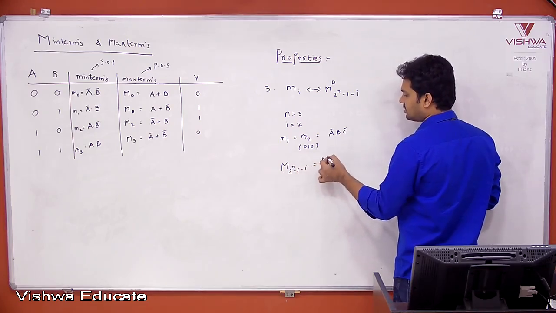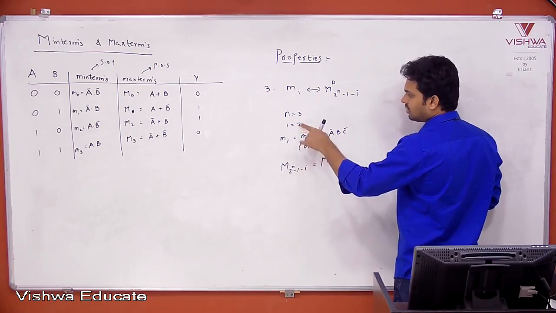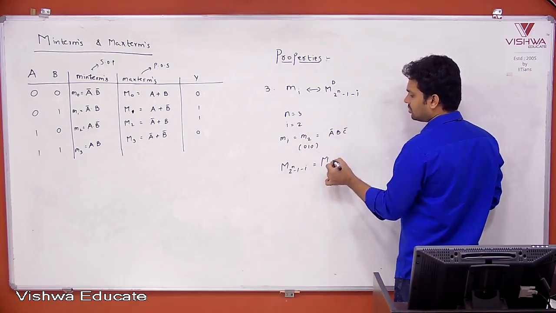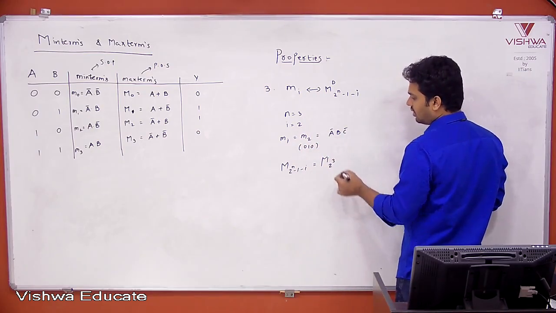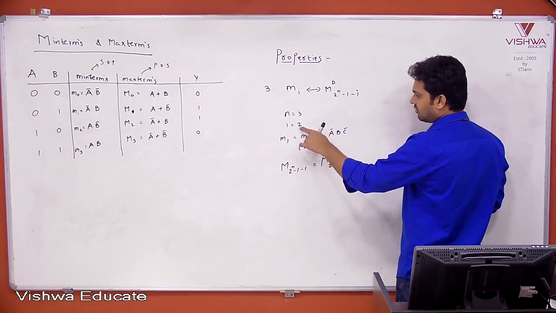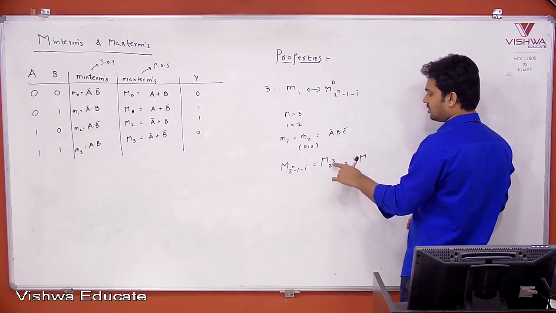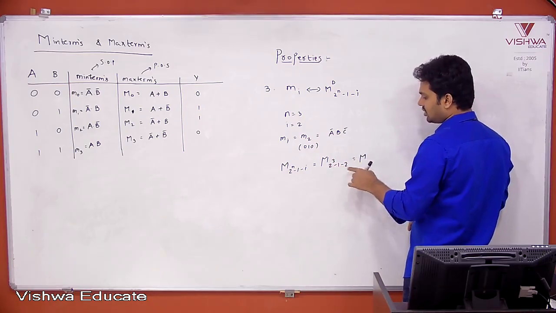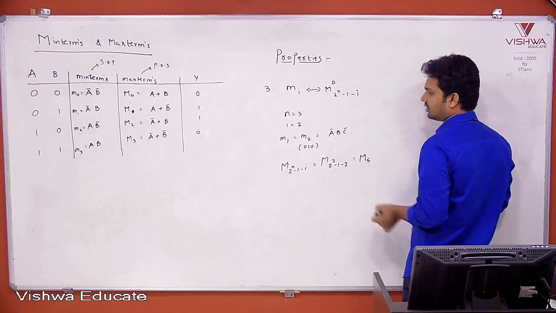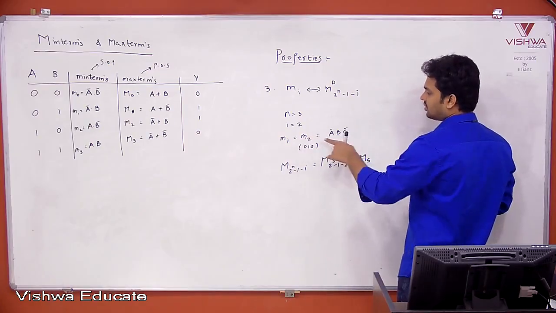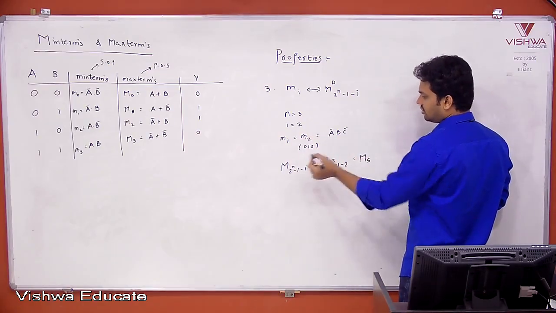That is maxterm 2 power 3, which is 8. 8 minus 1 is 7, 7 minus 2 is 5. So minterm, take its dual.